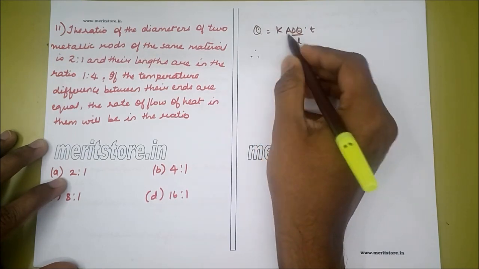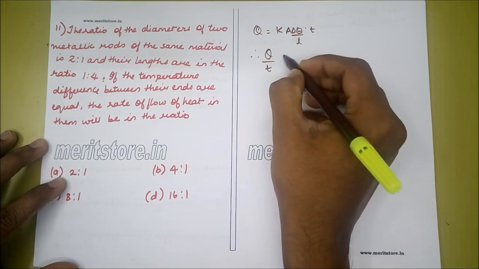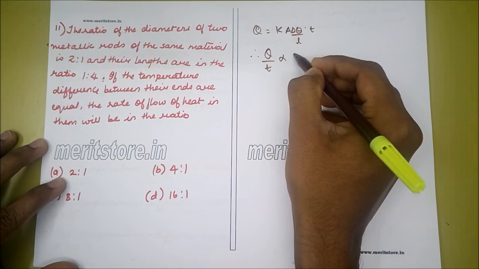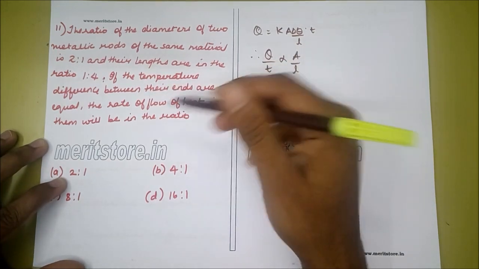So let's simplify this relation. Q by T, or the rate of heat flow, is proportional to A by L, since K is a constant and the temperature difference between both the ends is also kept fixed.